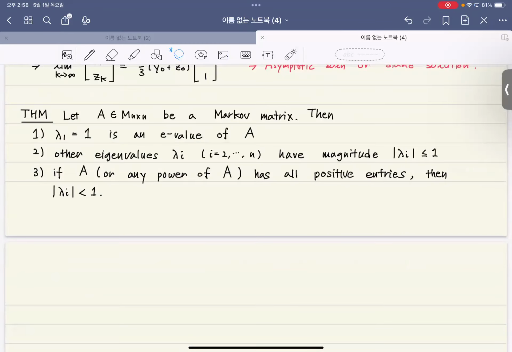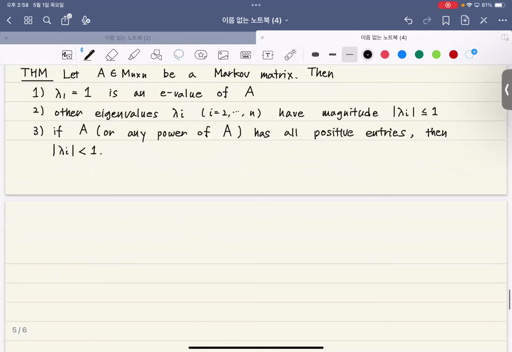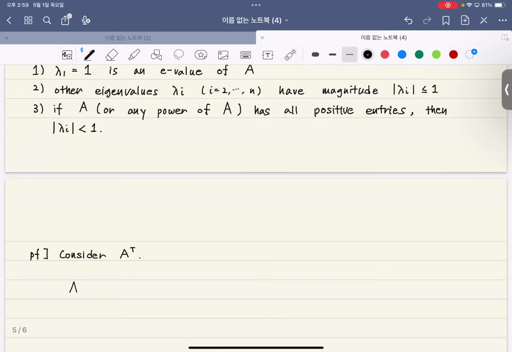So I will prove this. For number 1, we consider A transpose.